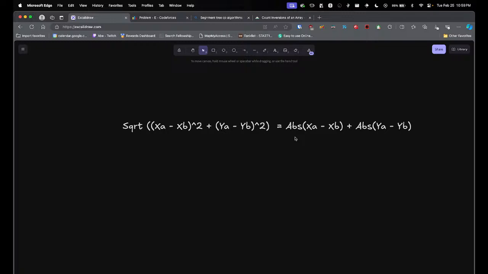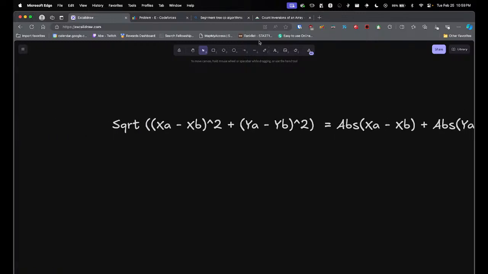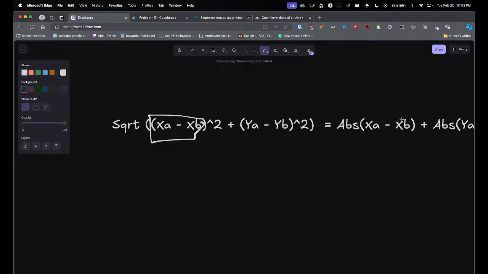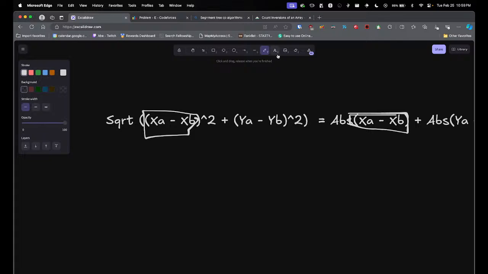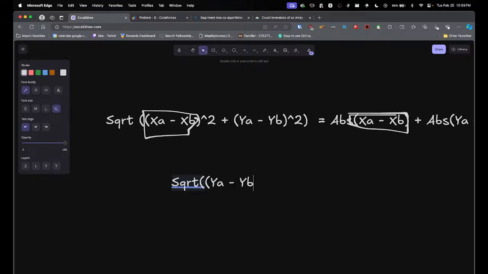Now, when can I equate this? One thing I can do is make one term 0. If I make xa minus xb or ya minus yb 0, this part becomes 0, so it becomes square root of ya minus yb whole square equals abs of ya minus yb.